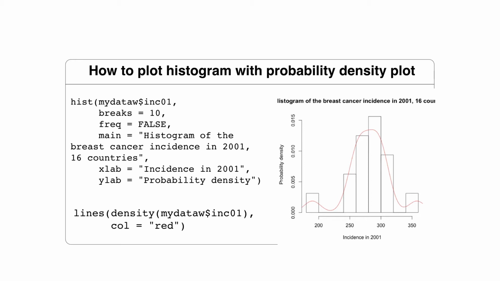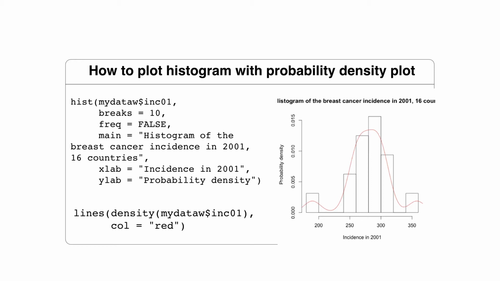As before, the title is given by main, which is histogram of the breast cancer incidence in 2001 in 16 countries. I have used ylab, which is probability density, and xlab, in which I have labeled the x-axis, saying this is incidence in 2001, so that we know what those incidence rates were and how they were divided into the 10 individual groups.